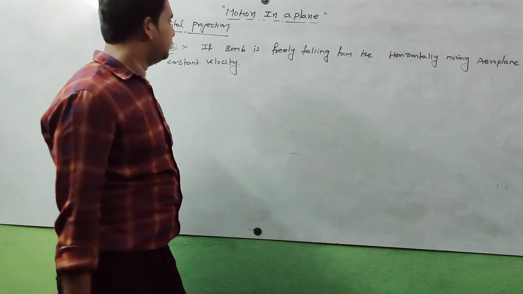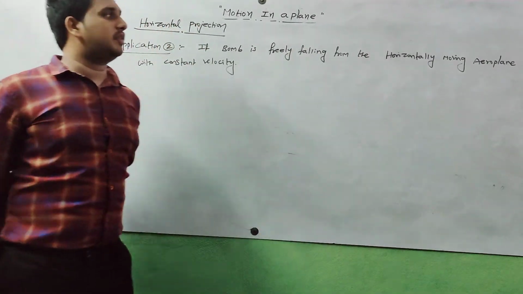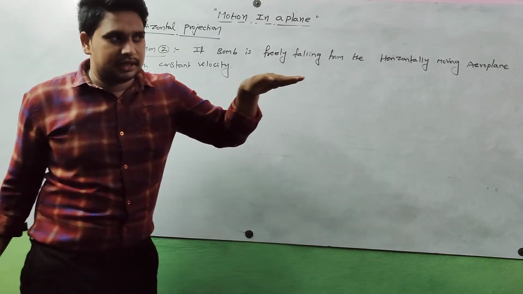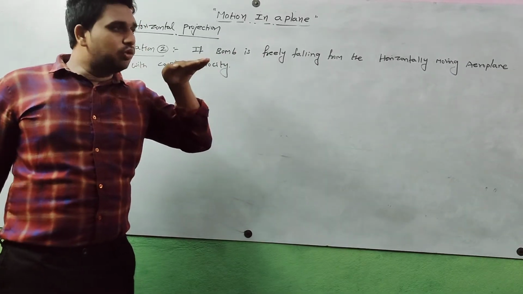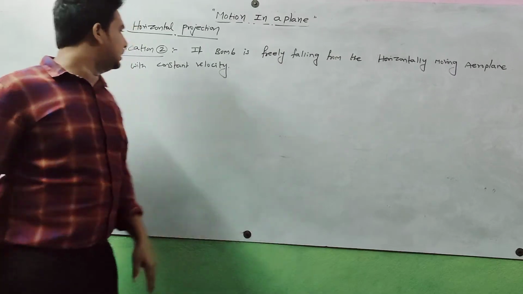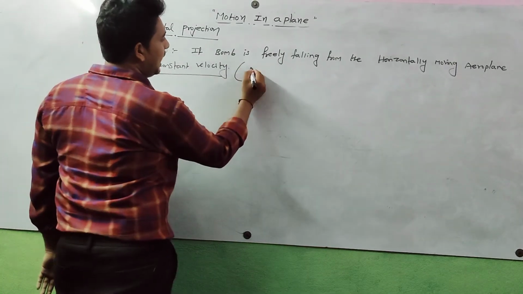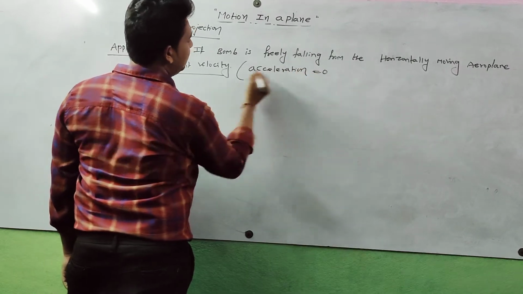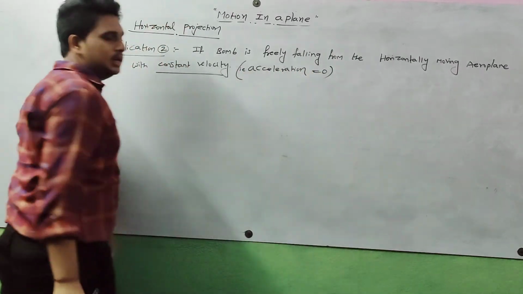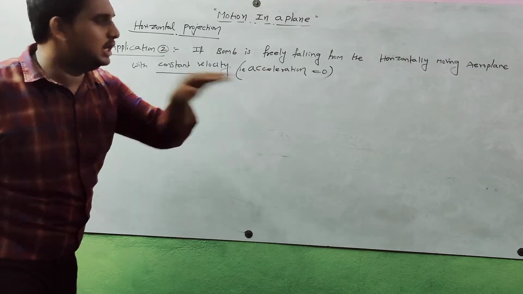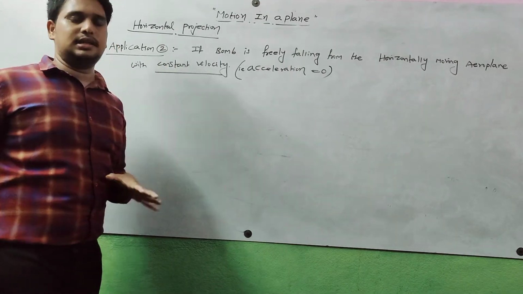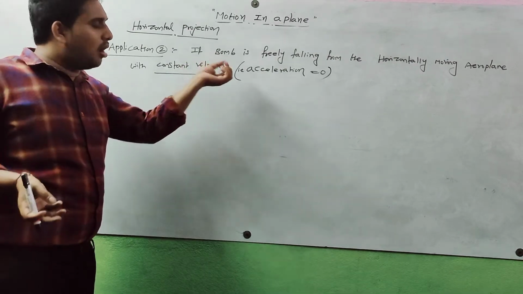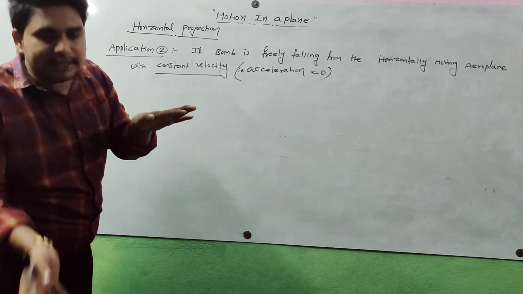This is very important. A bomb is freely falling from a horizontally moving airplane. One airplane is moving horizontally like this with constant velocity. Constant velocity means acceleration is 0. If an airplane is moving horizontally with constant velocity, then acceleration is equal to 0. Then suddenly one bomb is freely falling from that airplane.